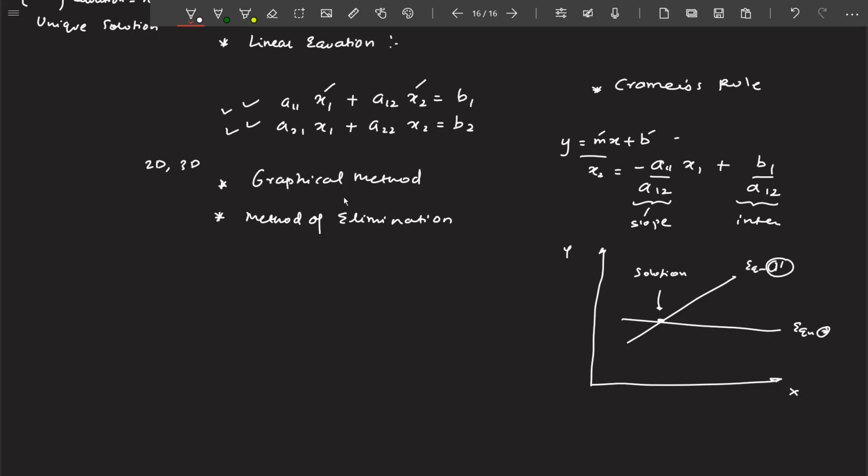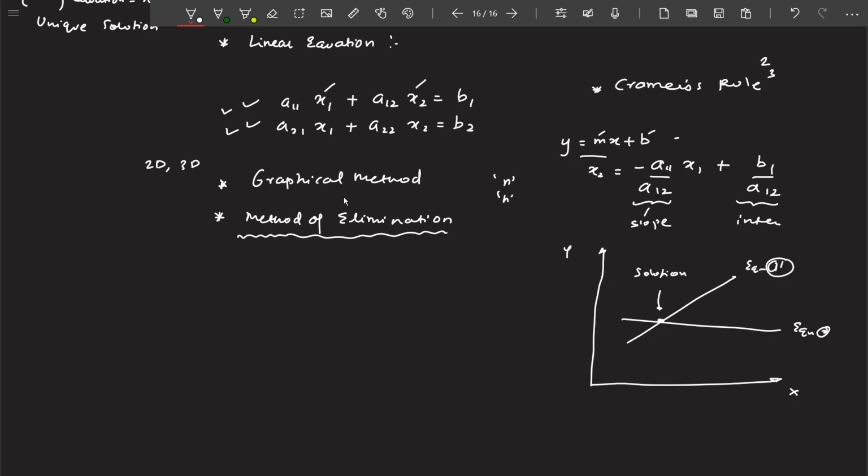Okay, and also Cramer's rule, again, you can solve for problems involving two variables and three variables. But if you want to find the solution for a given system of equations which involves n number of variables and n number of equations, you have to go for the method of elimination.